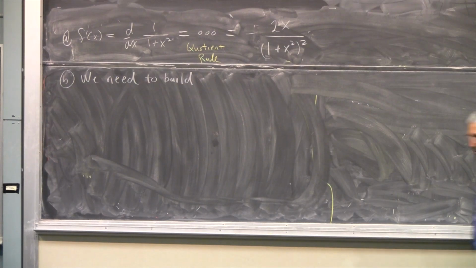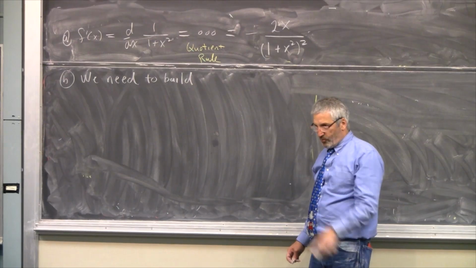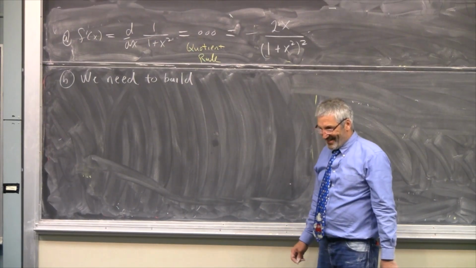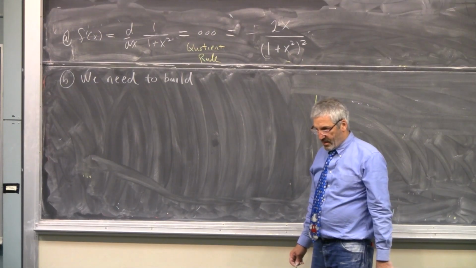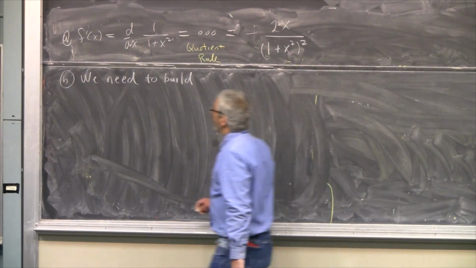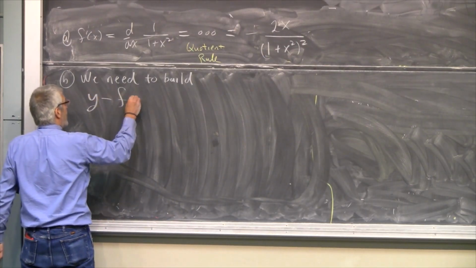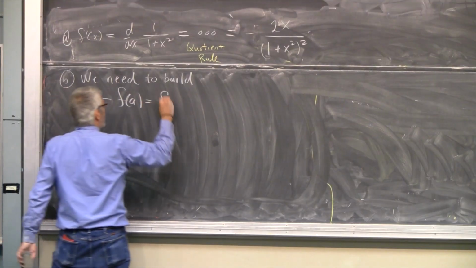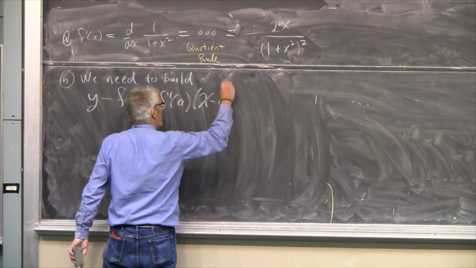I say we need to build parts. Build the equation. What's the equation? y minus f of a equals f prime of a times x minus a.